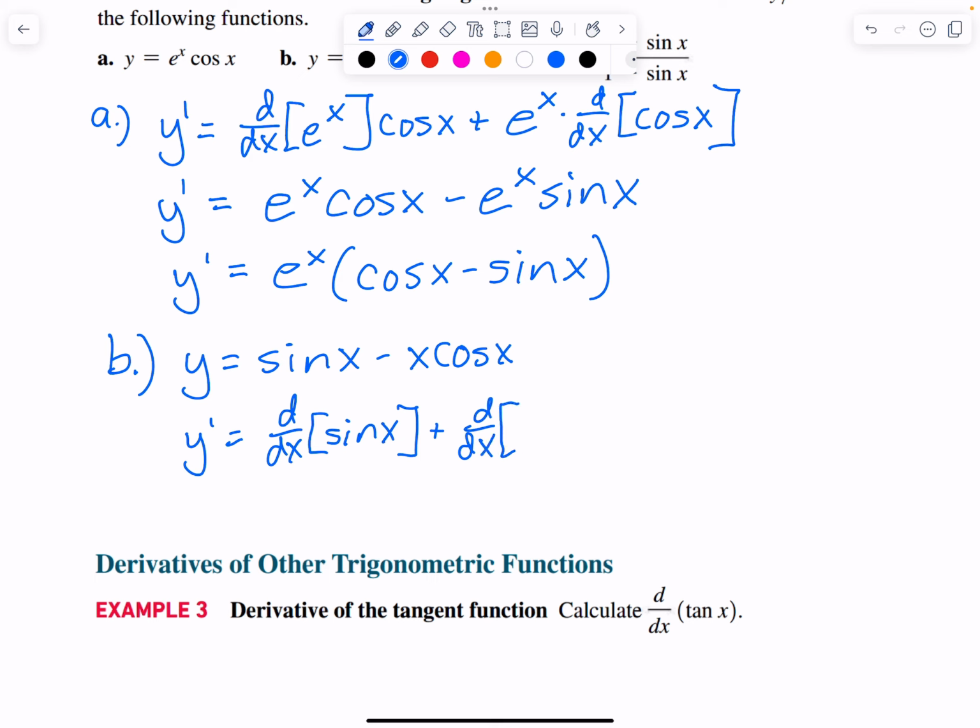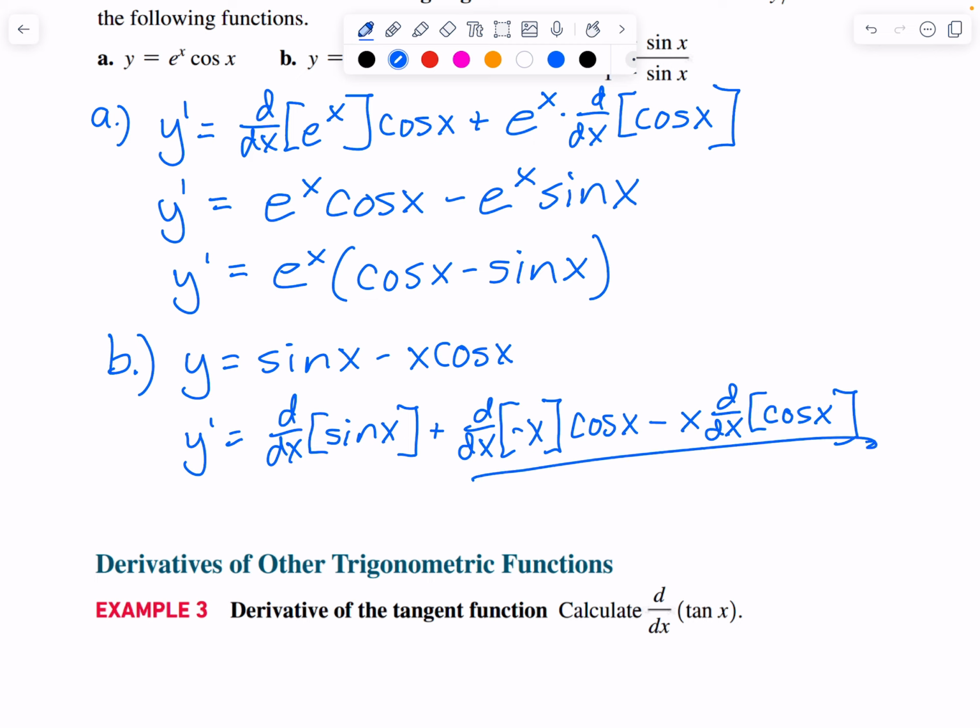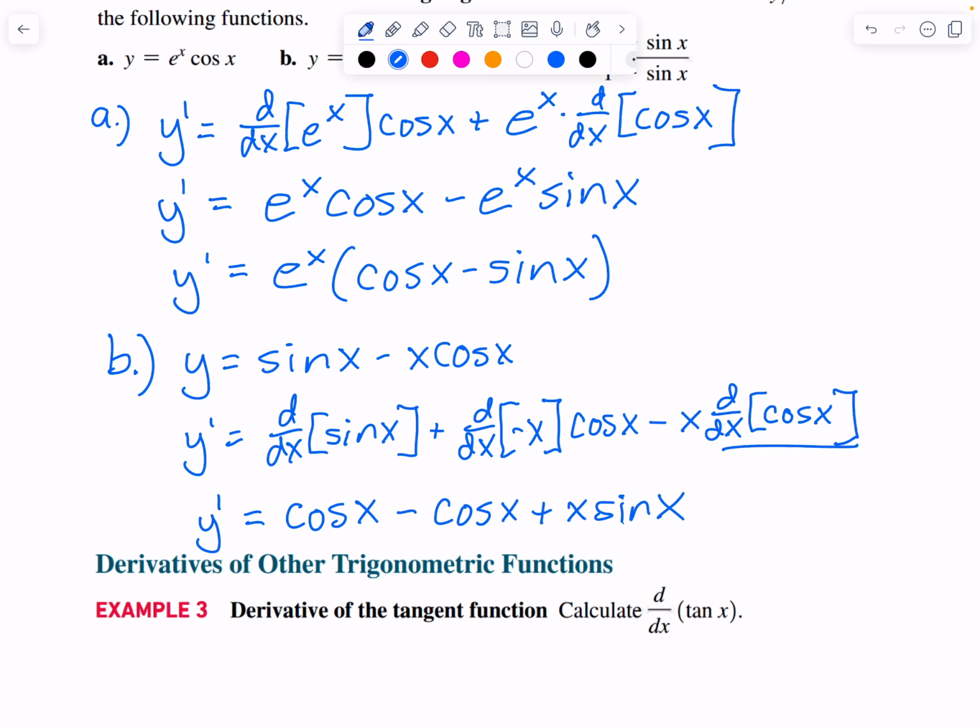The derivative of negative x times cosine plus negative x times the derivative of cosine. That's the product rule here, and then this was just straight up because it's by itself. So the derivative of sine is cosine. Derivative of negative x is negative 1, so I get minus cosine x. And then here this derivative is going to be a negative sine, so it's going to make it a positive x sine x. There we go.